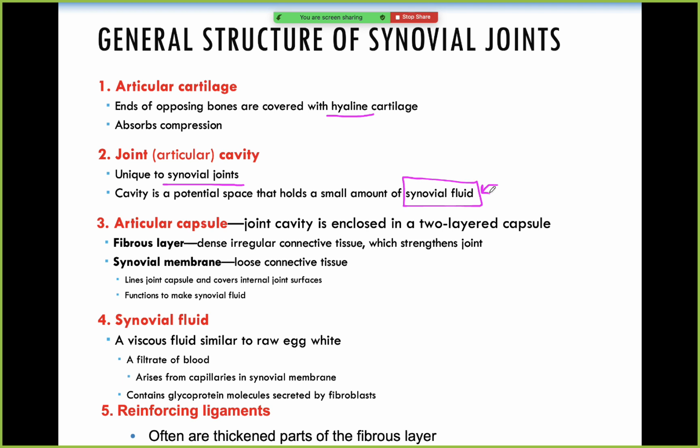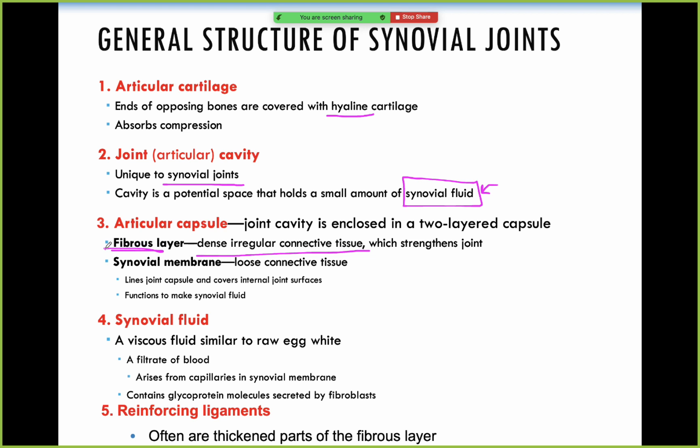The articular capsule is going to be the housing compartment that holds the fluid inside. And it's made out of 2 layers, as you saw. The outer layer, which is the fibrous layer, is made out of dense, irregular connective tissue. And remember, any kind of fibrous tissue means it's really strong and rigid and tough.